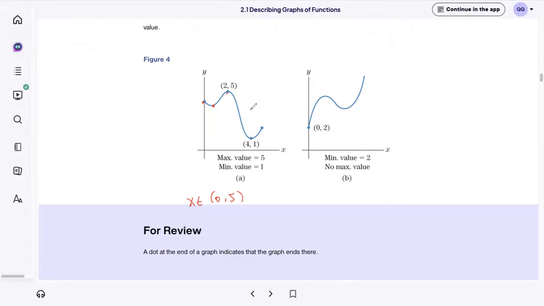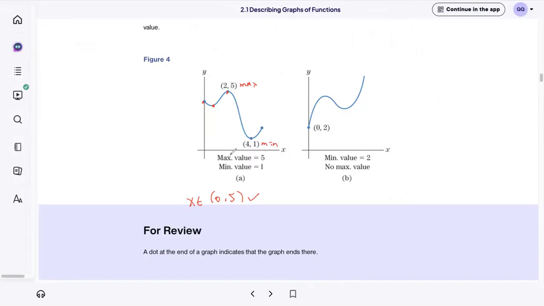So how do we analyze those points? It really depends on which interval we're talking about, right? If we talk about the whole domain, well, (2, 5) would be the absolute maximum, and (4, 1) will be the absolute minimum, right?